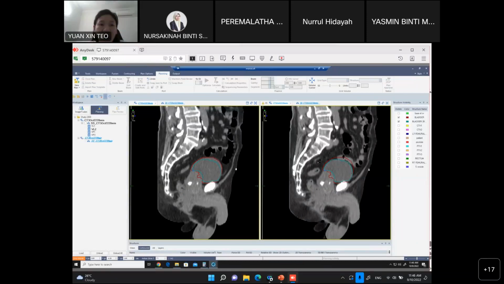So for this patient, actually, our standard protocol is 4 cups, 30 minutes or 40 minutes. For this patient, with the 20 minutes bladder volume, we can achieve all the bladder DVH. So I can tell my radiographer, this patient you can treat after 20 minutes.